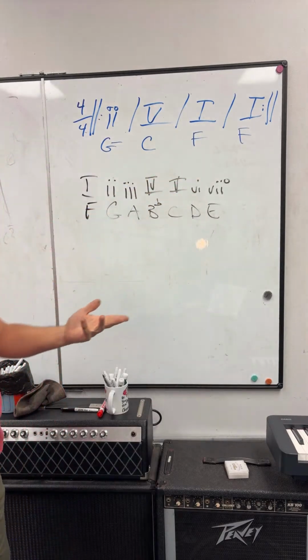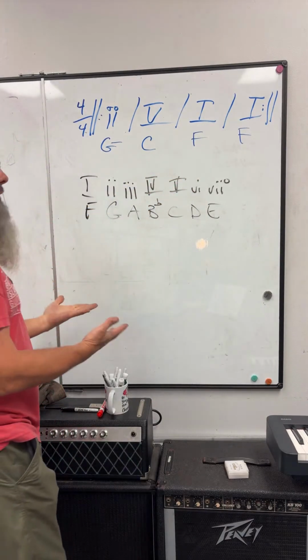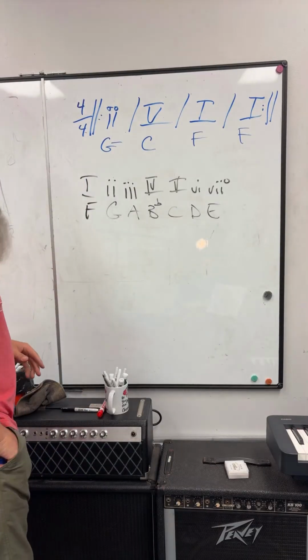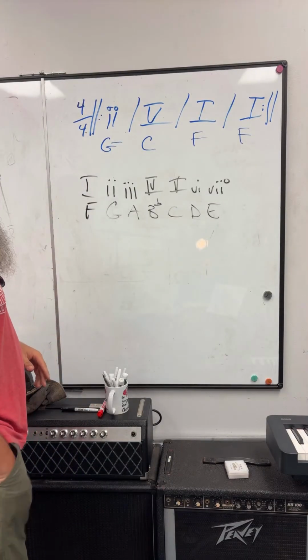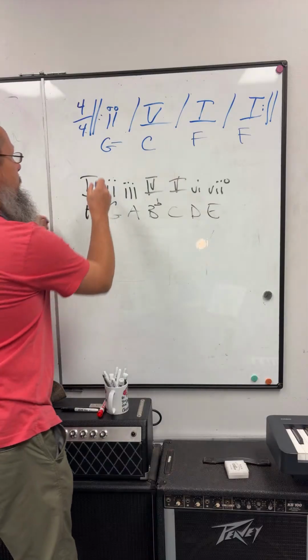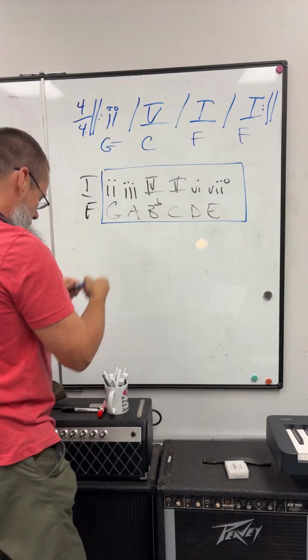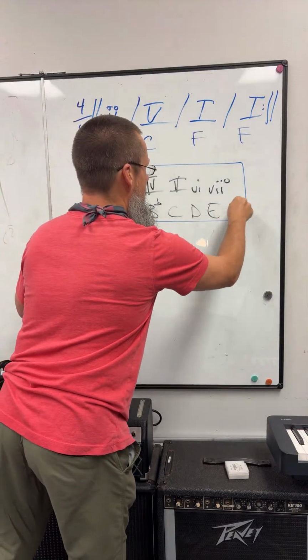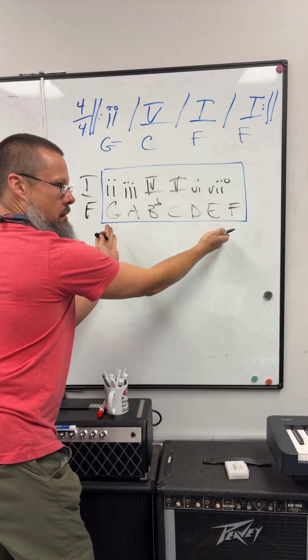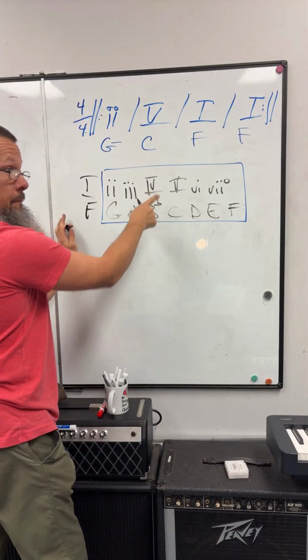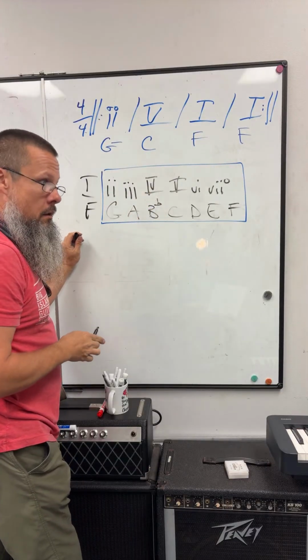Now over this progression is where you would influence. This is the left hand. And over this is where you would influence Dorian. Bearing in mind this is G major, and this is G Dorian.